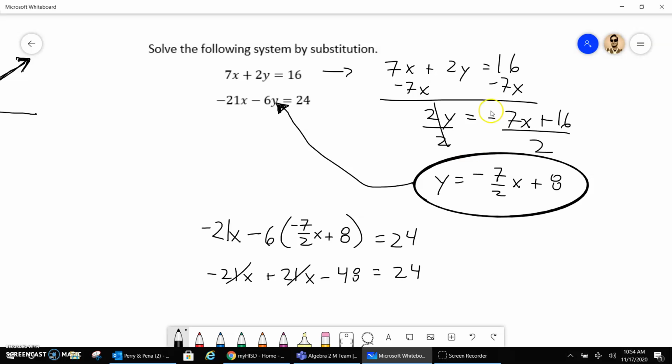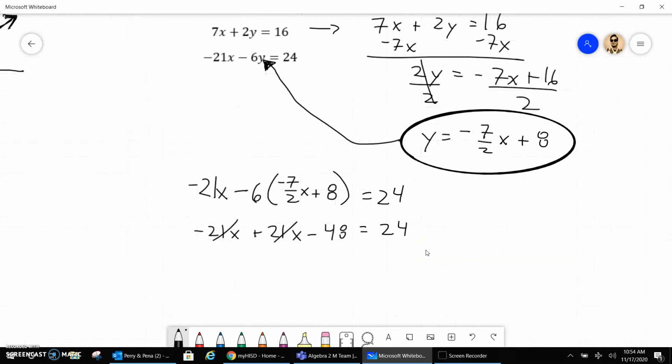Looks like those two terms with x cancel out, and we're left with negative 48 supposedly equal to 24. Now when you get an untrue statement, and you're solving the system of linear equations like we have been, then what you say is that there is no solution to this system of equations.